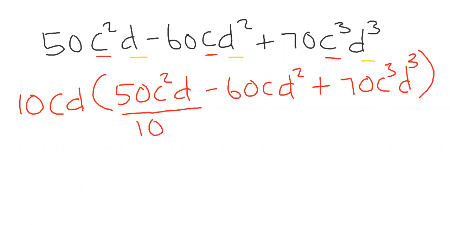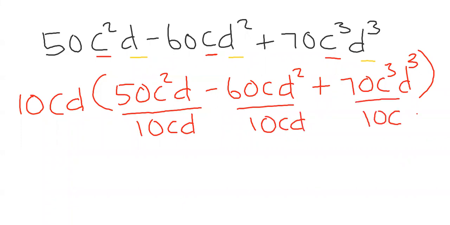So we divide everything by 10 CD, divide by 10 CD there, divide by 10 CD there. Then from there, simplify what is inside the bracket. What is outside the bracket doesn't change. So what changes is what is inside the bracket.